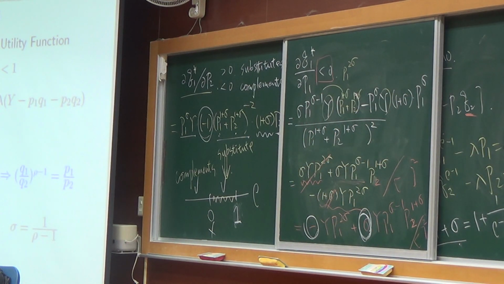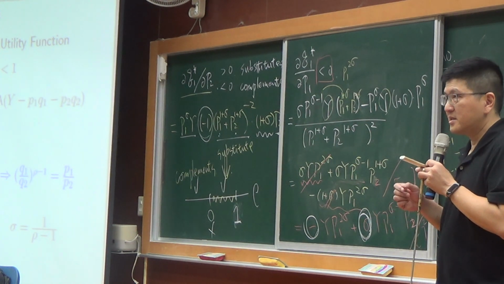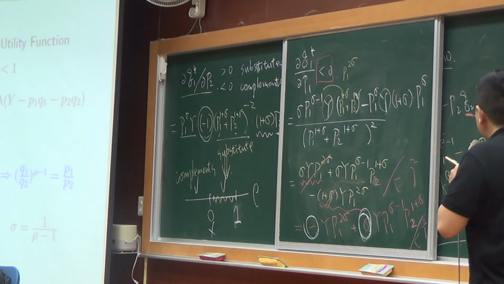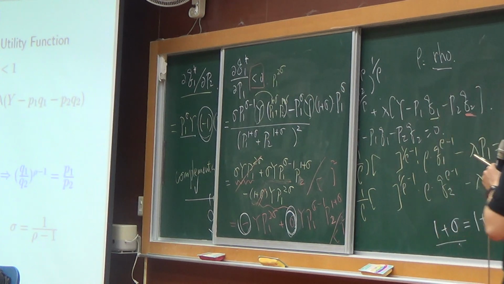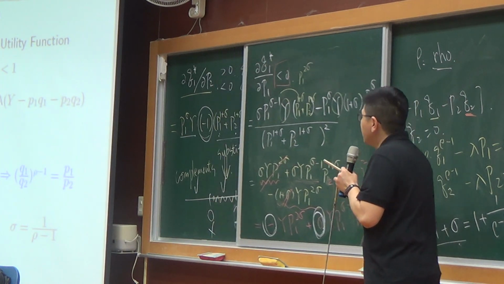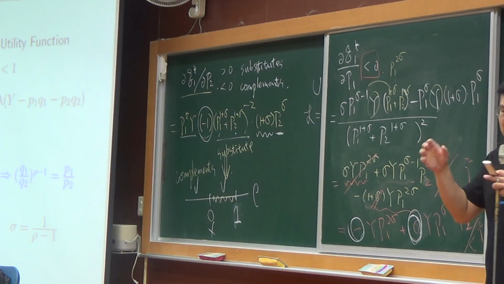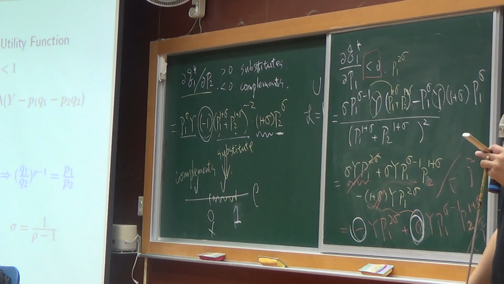So CES is actually a good one to capture so many properties that we appreciate, right? But don't forget, to derive a CES demand curve is a little bit complicated. Not that complex, but at least a little bit more difficult than Cobb-Douglas utility function, right?